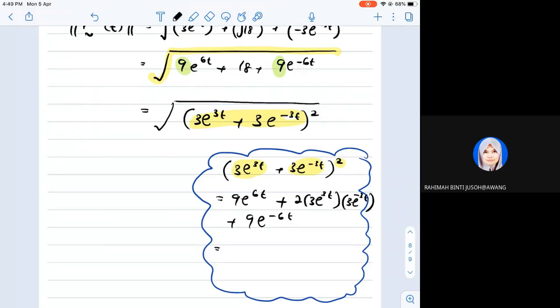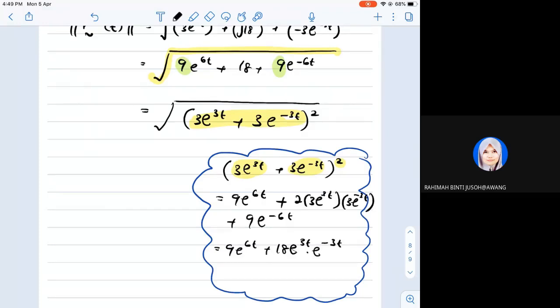So, bila you selesaikan persamaan ni guys, you akan dapat 9 eksponen 6T. Yang tengah-tengah ni 2 kali 3, 6 kali 3, 18. So tambah 18 eksponen 3T darab eksponen negatif 3T.